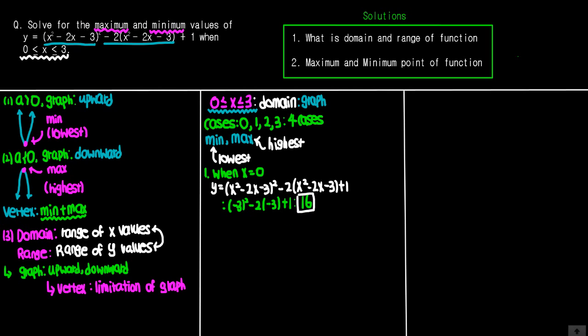So let's think about the second case where x is equal to 1. When x is equal to 1, it is the same thing as inputting 1 to all our x values, which will be 1 squared minus 2 minus 3, all squared, minus 2 times 1 squared minus 2 minus 3, and then plus 1.